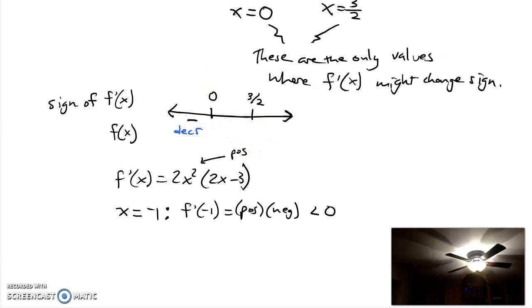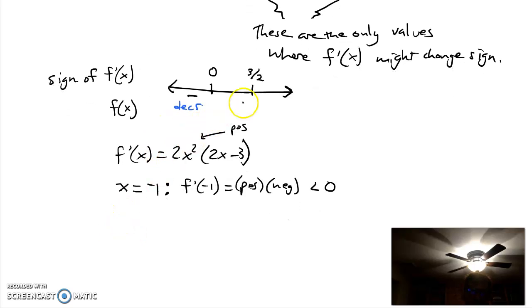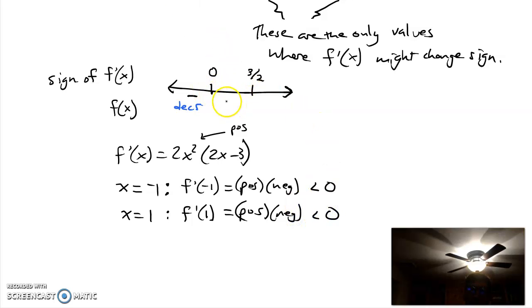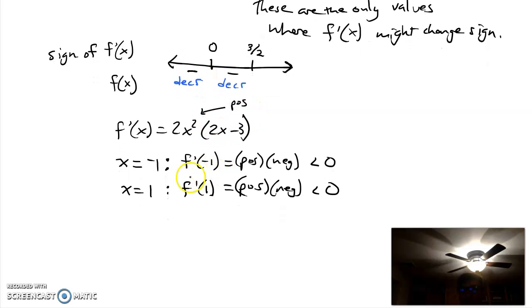Okay. Now let's try a value in between. So 3 halves is 1.5, so let's try 1. f prime of 1 is going to be a positive and a negative, which has 2 minus 3, so still less than 0. So that is actually not a spot where it's going to change.